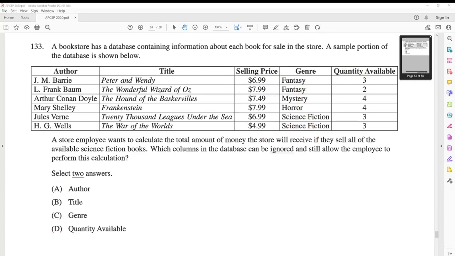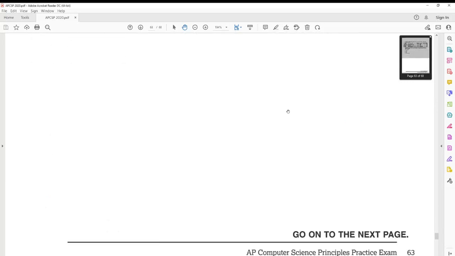Let me read it more carefully. Science fiction, so you need the genre, I'm sorry. So genre, you cannot delete it. So C and D, you cannot delete. You need to pick A, B. You need to keep the genre data field, it needs to be there.